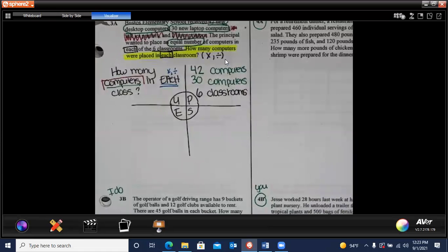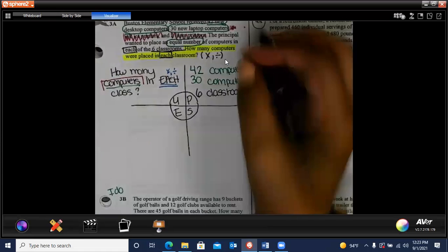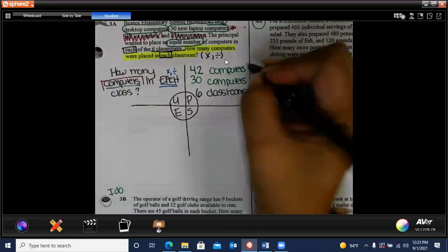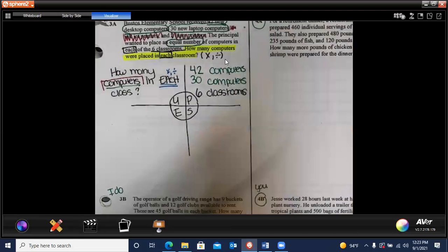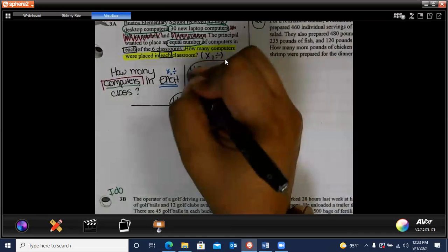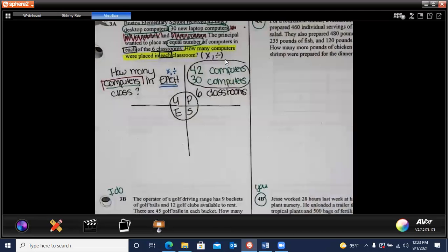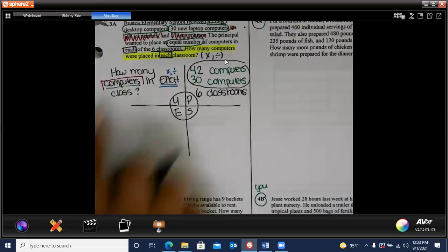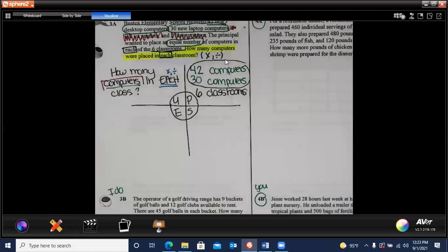2 steps. What is the first step? How do we figure out the number of computers? We're gonna... 42 times 32. So we know how many computers do we have? How many computers do we have if they give us 42 and 30? What are we doing?